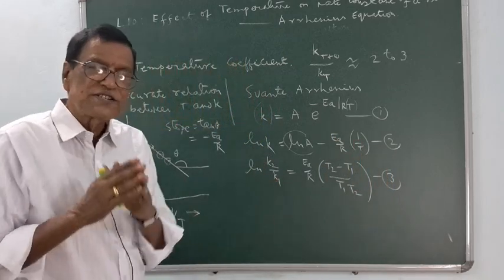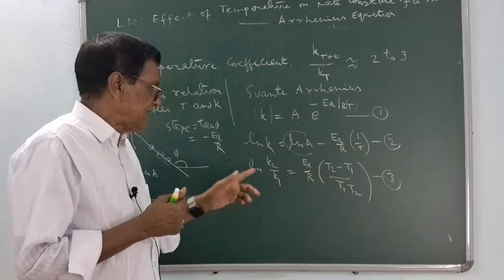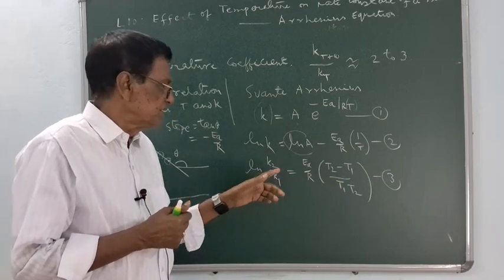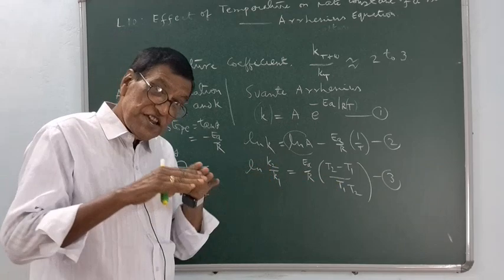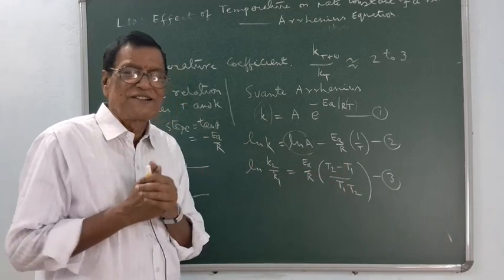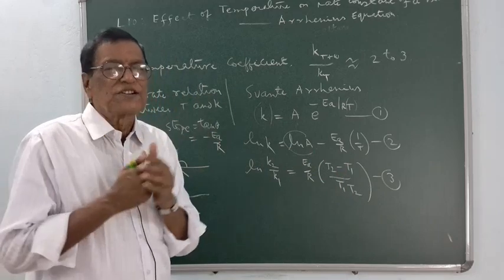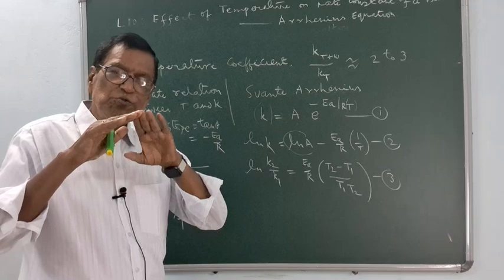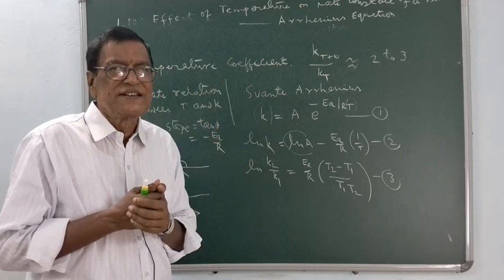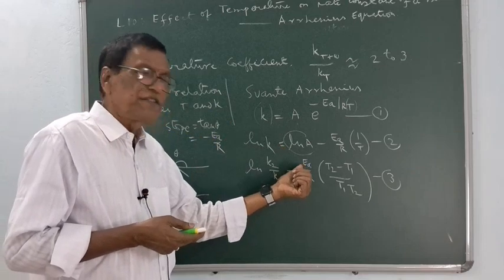K2 is the rate constant of this reaction at temperature T2, and K1 is the rate constant of the same reaction at temperature T1. So only two rate constants at two different temperatures of the same reaction can provide the value of Ea.